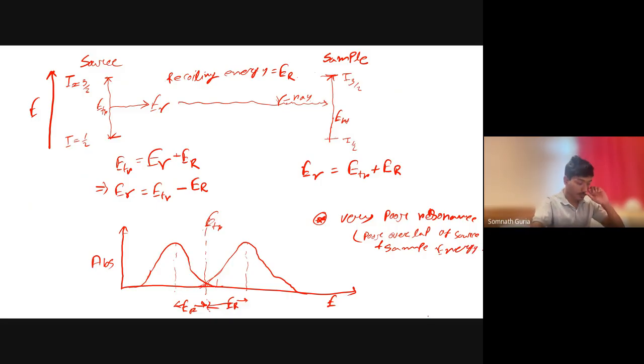Okay, so now what should be the solution to that? One scientist developed a technique, and the scientist is named Rudolf Mossbauer, and this spectroscopy is named after him, and he got the Nobel Prize because of the development of this beautiful technique.